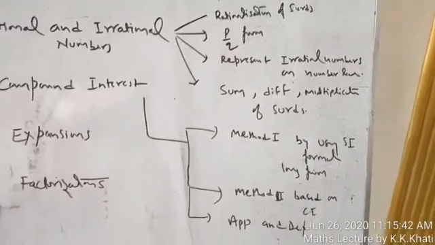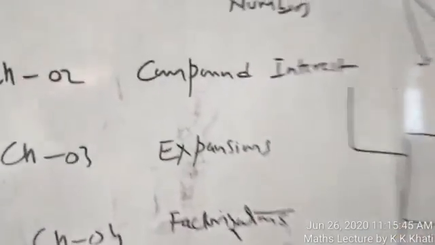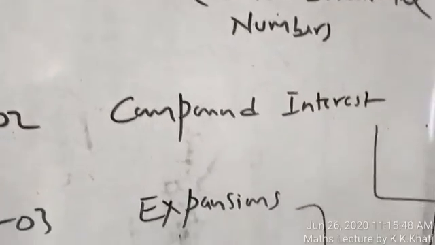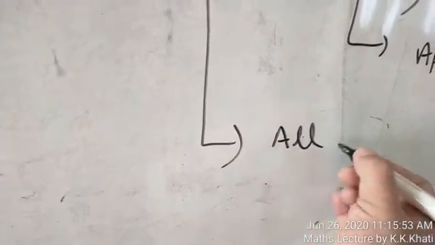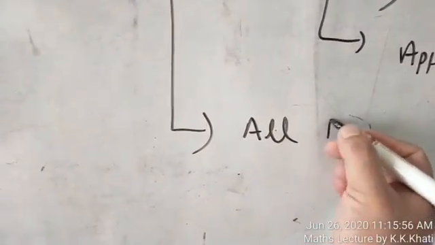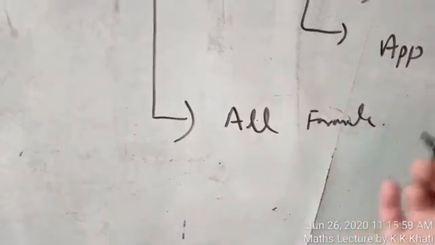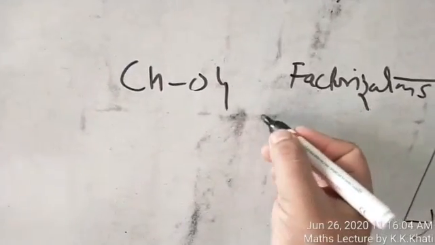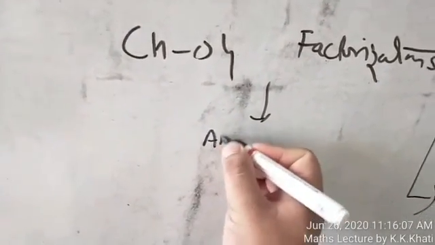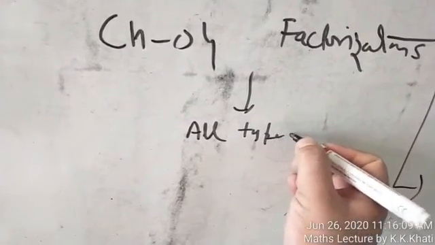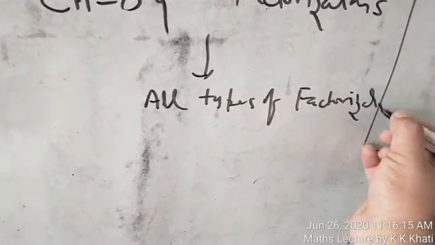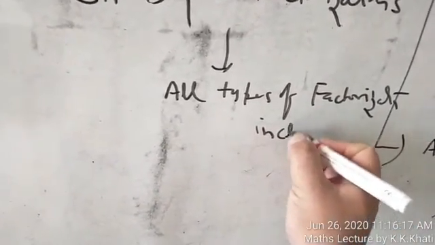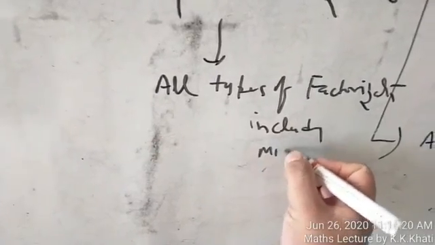So the first chapter and second chapter we have discussed. In expansions, we are going to discuss all the related formulae. In factorization, all types of factorization, including the middle term split method.